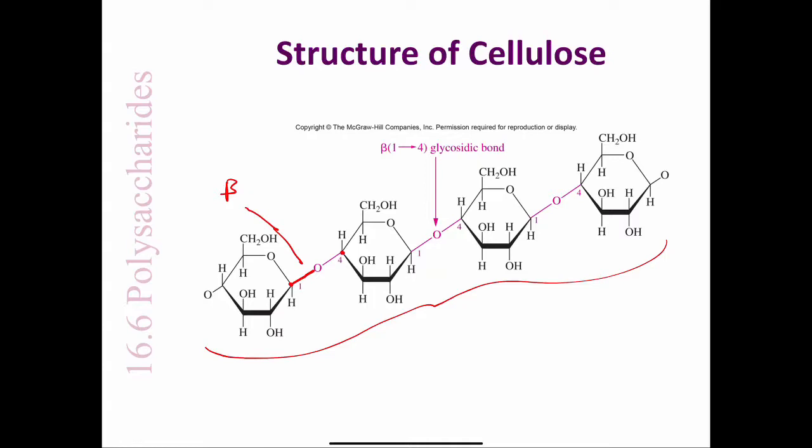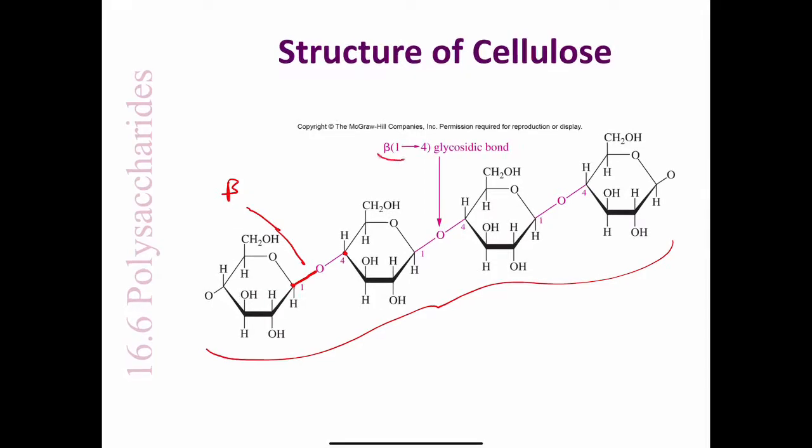What you need to know about cellulose is that humans are unable to digest cellulose. It is made from beta D-glucose units, and the linkage is a beta 1,4 glycosidic bond. Those are the main things that you need to know about cellulose.